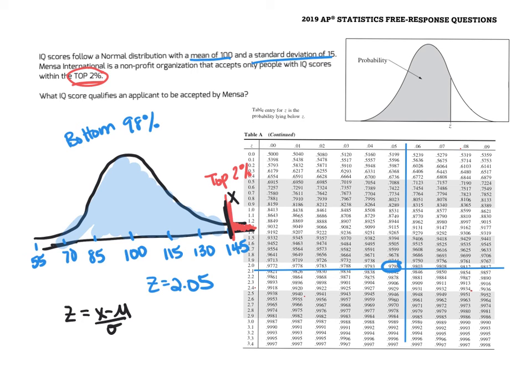So when I do that, we're going to do 2.05 is equal to x that I don't know minus mu, and I know my mu is 100, divided by standard deviation, which is 15. And to solve this, the first thing we're going to do is multiply both sides by the standard deviation, 15. And so I'm going to multiply 15 times 2.05.